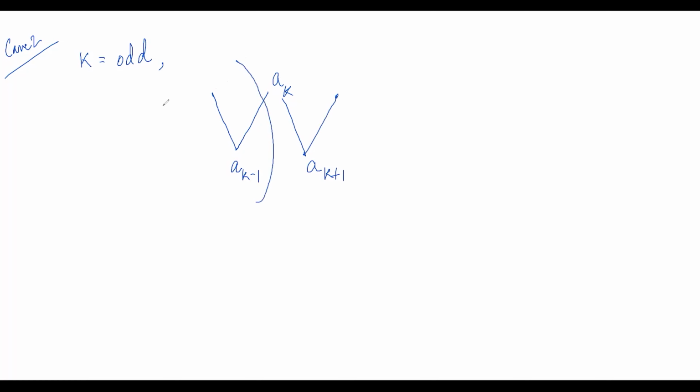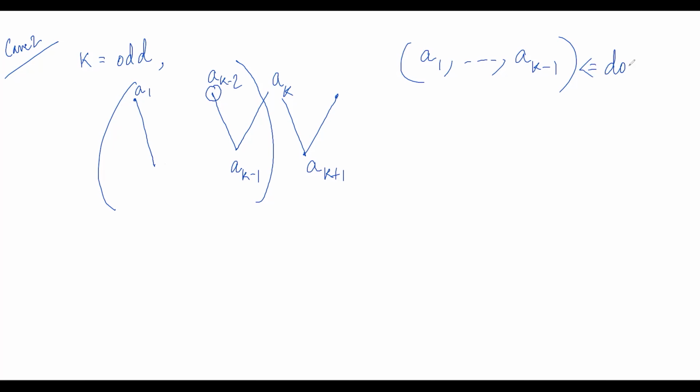If we look at a1 till ak minus 1, now k is odd, so k minus 1 is even, and so the thing would end above. If you go backward, it would end above. So a1 will be starting from above, and it will come down and then go up and finally end at ak minus 1. So this will be a down up sequence.